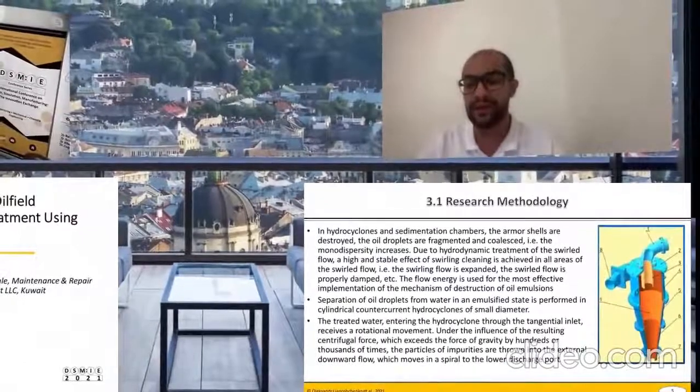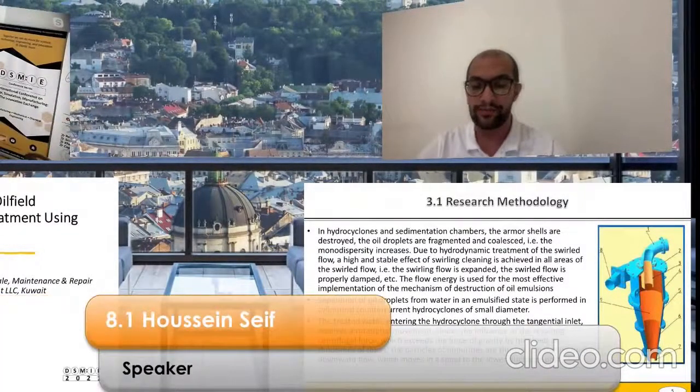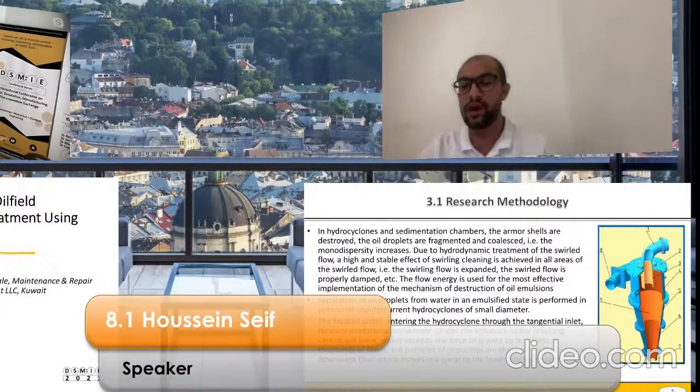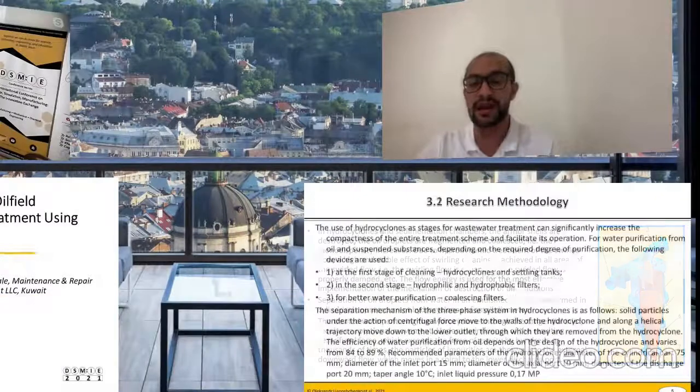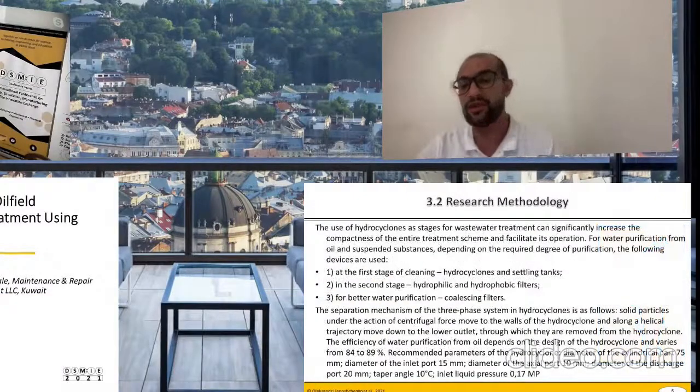The particles of impurities are thrown into the external drawn flow, which moves in a spiral to the lower discharge port.